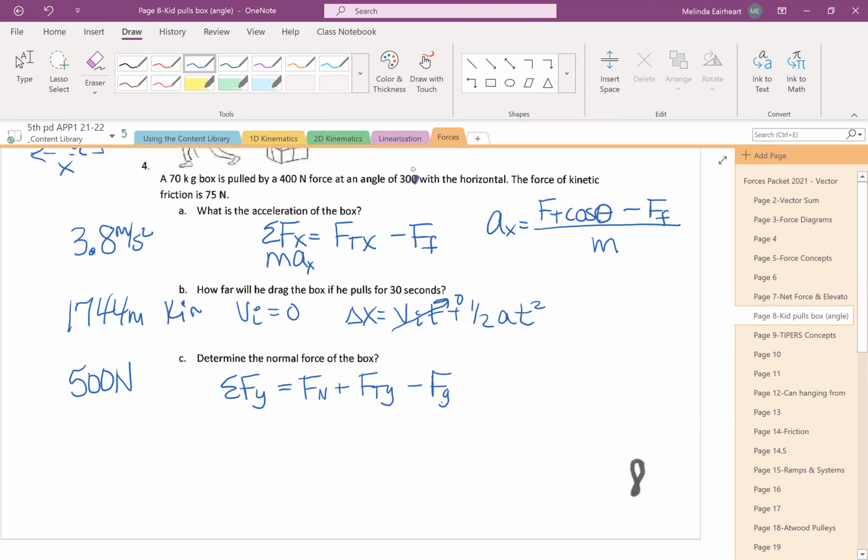Well, before 0, Fnet equals MA. Now, that's a vertical acceleration. Don't plug in the acceleration in the horizontal into vertical acceleration, okay? A lot of students want to plug it into both places, acceleration, acceleration, but it's independent of the horizontal.